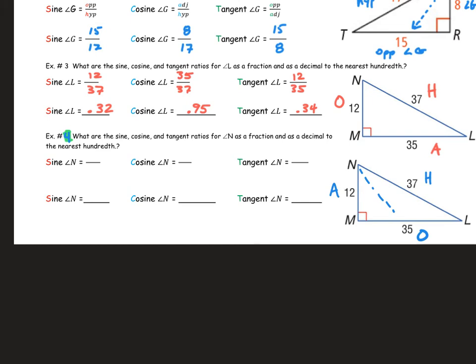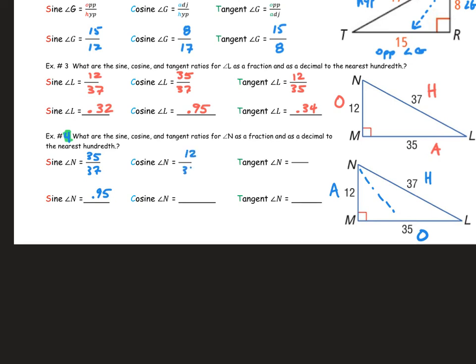The sine of angle N is the opposite side, 35 over 37. We already saw from above that 35 37ths is 0.95. The cosine of angle N, if I look at angle N, I'm going to get 12 37ths.